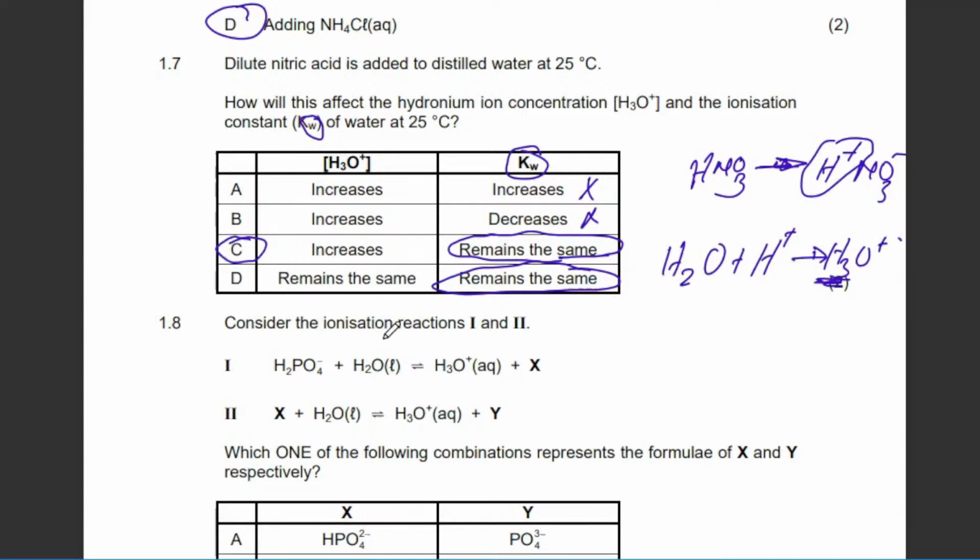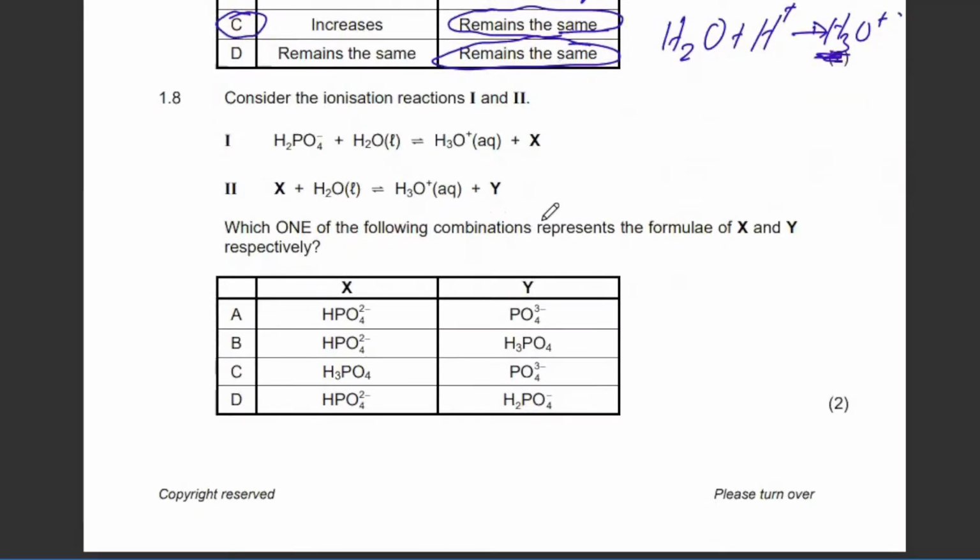1.8, consider ionization reactions 1 and 2. They're saying that when reaction 1 ionizes in water, it gives you this species and this species, and the same species plus water gives you species Y. So now what is species Y and what is species X?